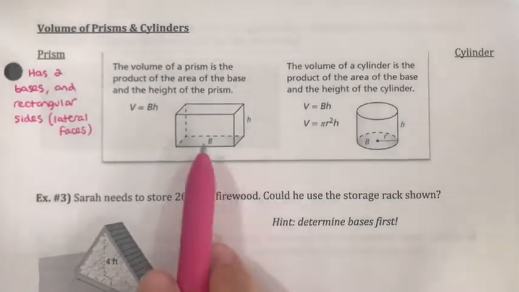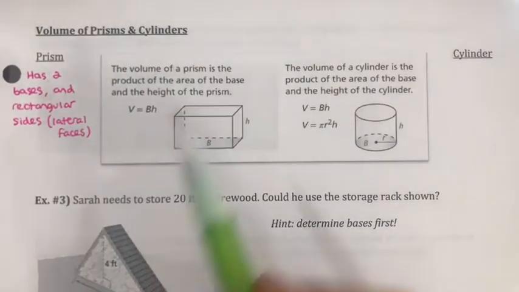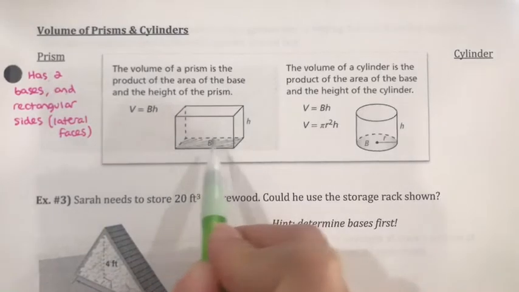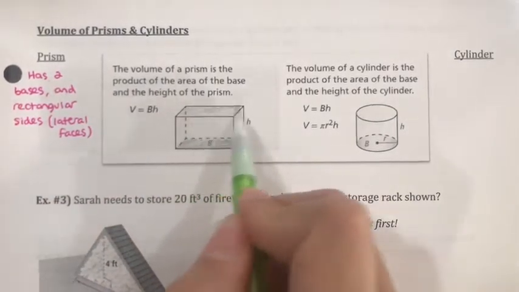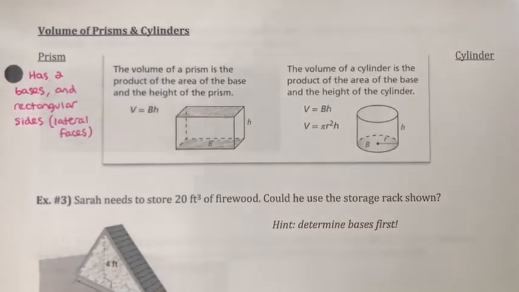Okay, so in this particular case, notice that my base, I'm going to shade it in a little bit darker, so there's my base. The face that's parallel to that is up top. So these are my two bases, okay? A cylinder is really similar to that.